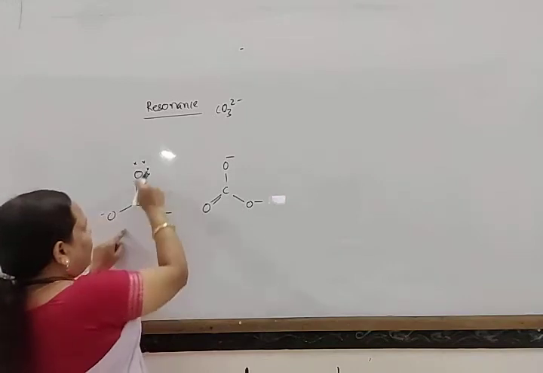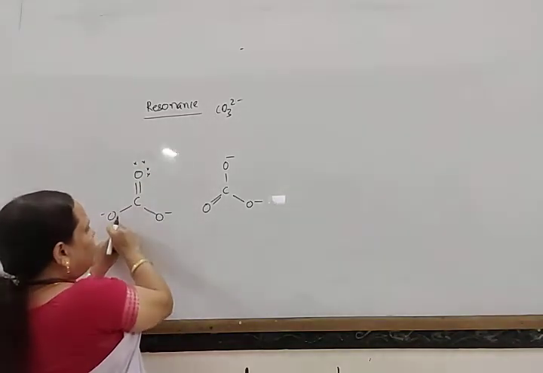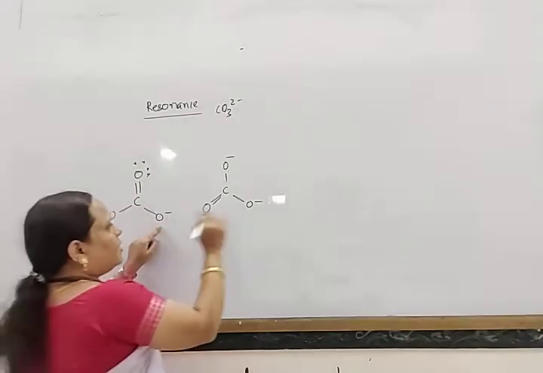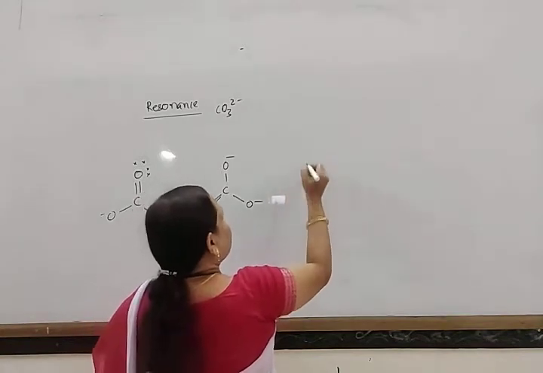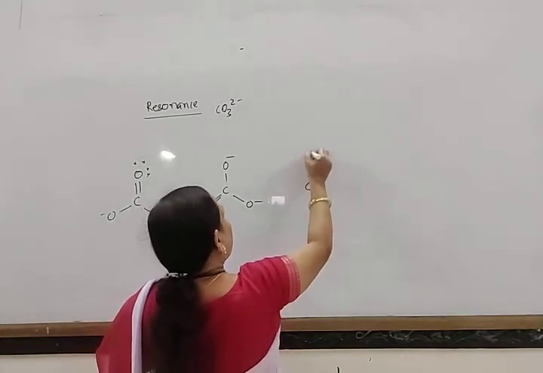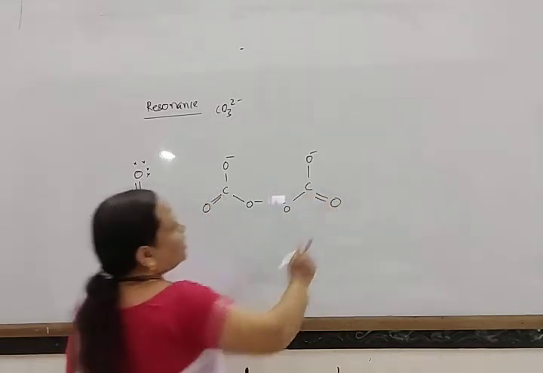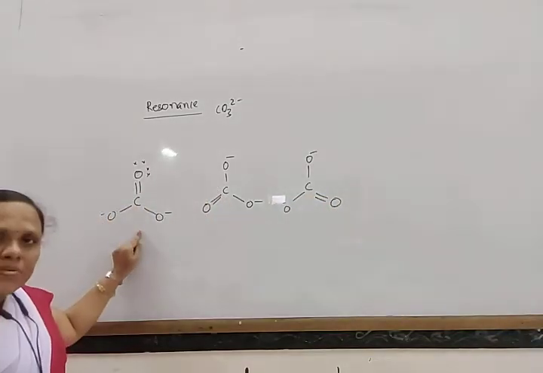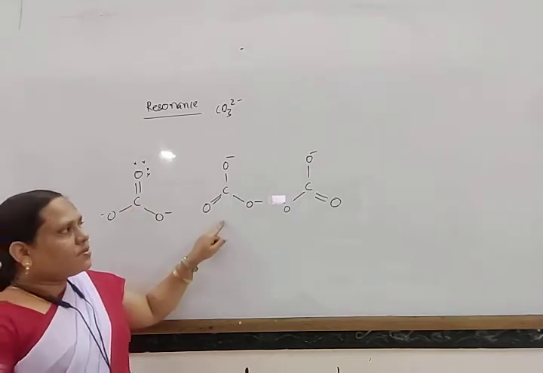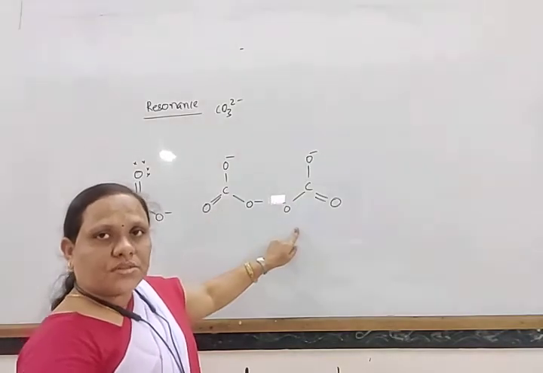And if instead it is received by the other oxygen, we can write C, O minus, double bond. So this is also the structure of carbonate ion.